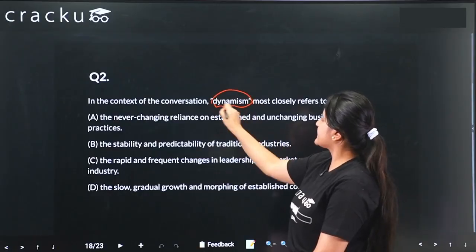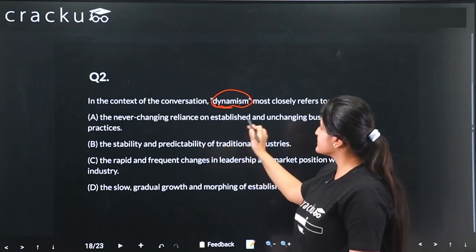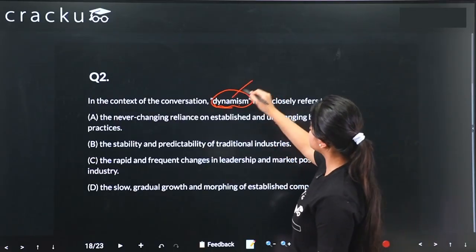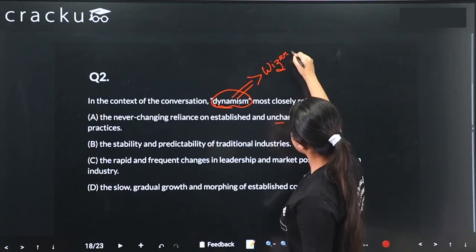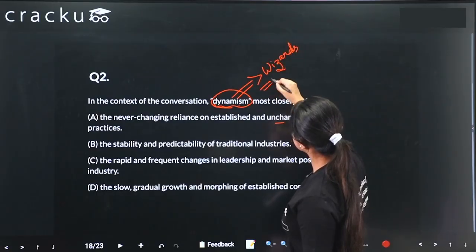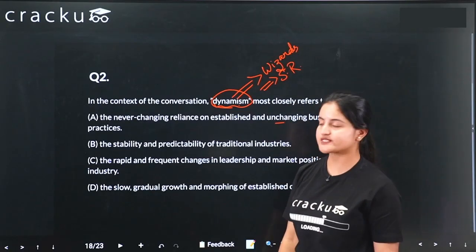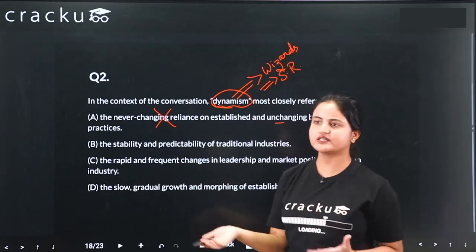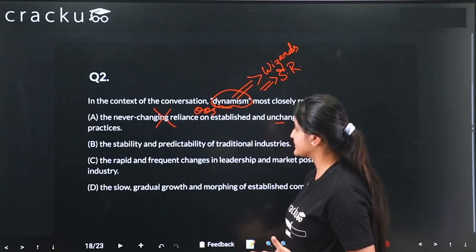Now, dynamism that was discussed, it is related to what? The never-changing reliance on established and unchanging business. Dynamism was related to the wizards, right? And dynamism was related to the shuffle rate that we discussed because we were making notes. So this is not related. Never-changing reliance is not even discussed. This is quite out of scope also. We don't know anything about it.